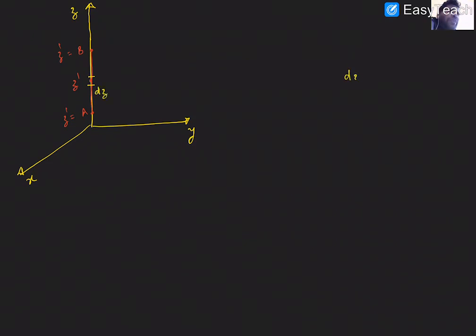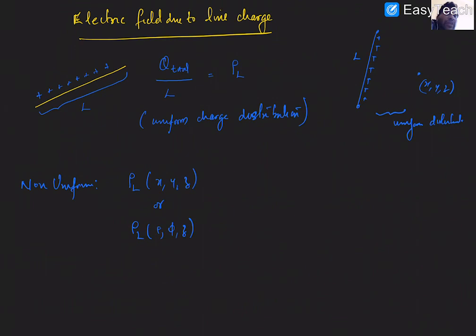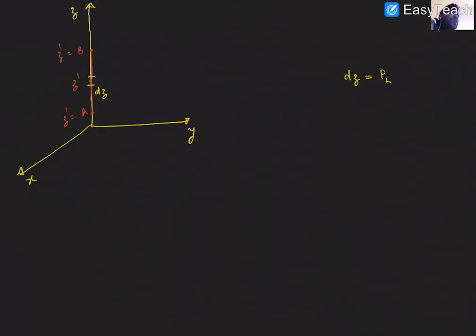At this small length dz there will be some charge. The line charge distribution is rho L, which is nothing but the charge per unit length. So if the charge per unit length is known, then for this small differential length dz dash, we get some charge dq, which is nothing but rho L into dz dash.